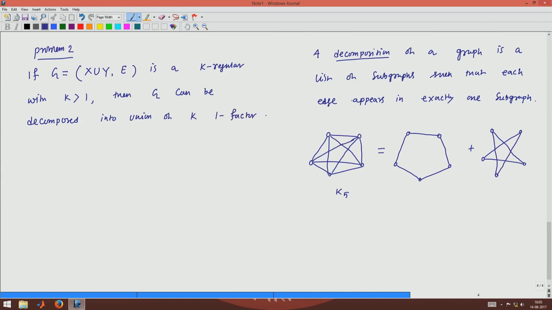I hope that you know what a 1-factor is. A 1-factor is a perfect matching basically.